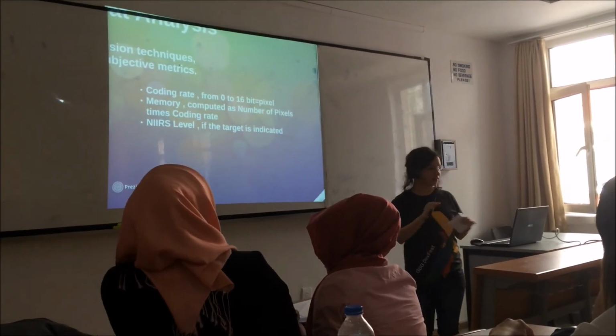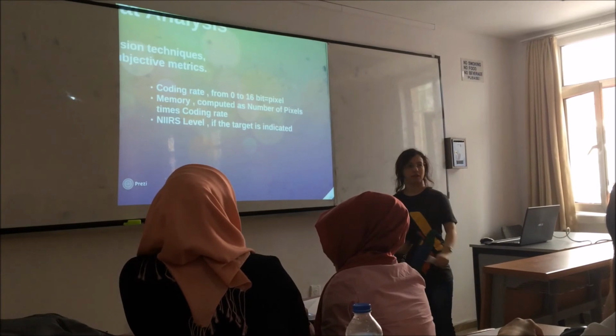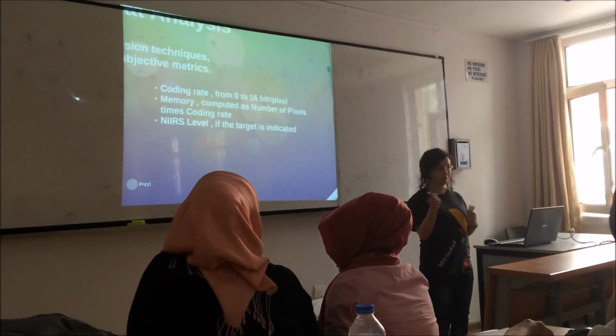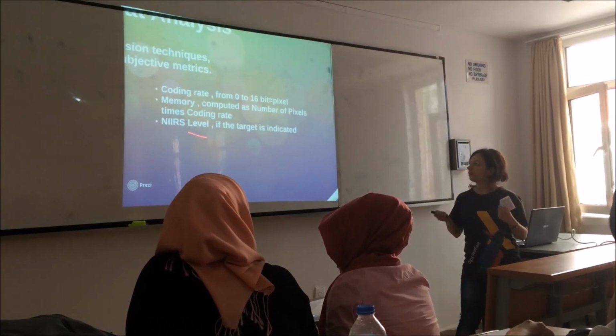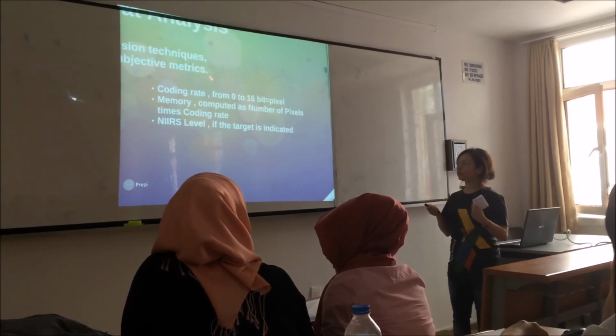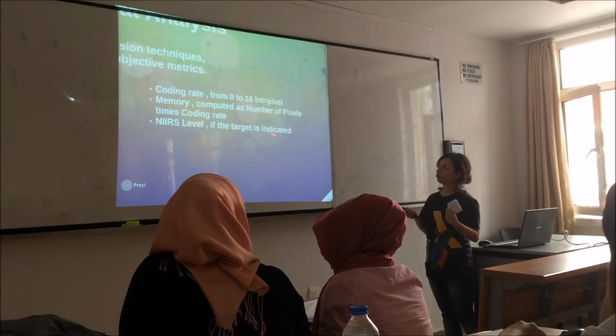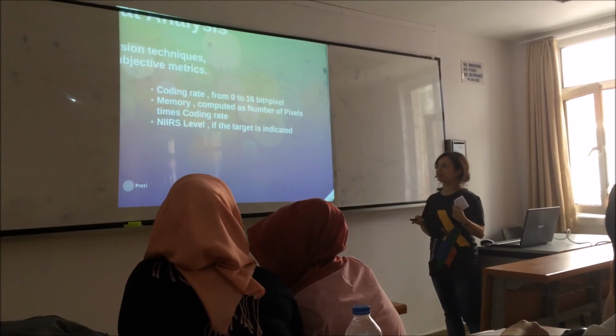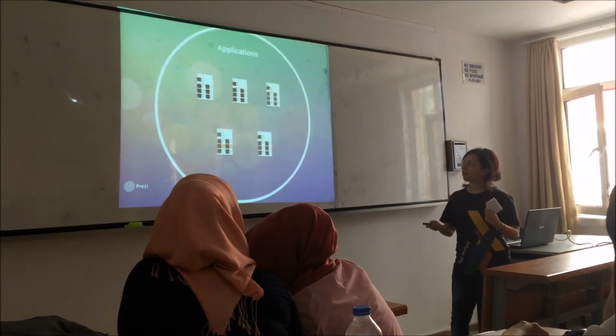I will show you, and we compare them based on techniques, coding rate from 0 to 16, memory computed as number of pixels times coding rate, and NIIRS levels. And these are the applications.